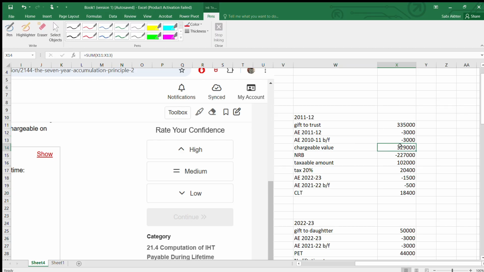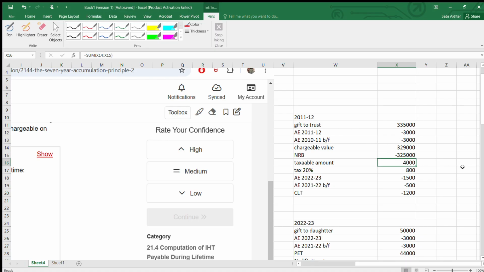So now it's 329,000, and since there is no gift in 7 years before this, so the full band is available, 325,000. So 4,000 taxable. There is no nil rate band available after this gift because the entire amount is utilized in the first gift itself, which is gift to trust in 2011-12.